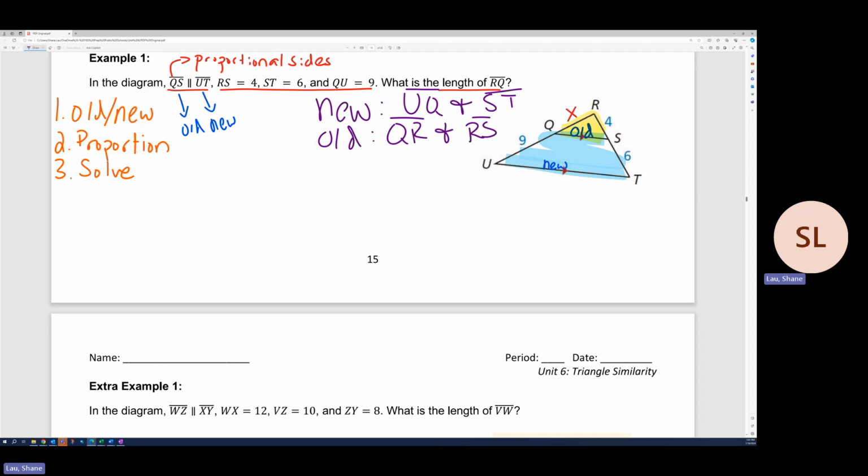Doing this is going to help you understand which one you're actually supposed to be working with. But now we've established our new and our old.